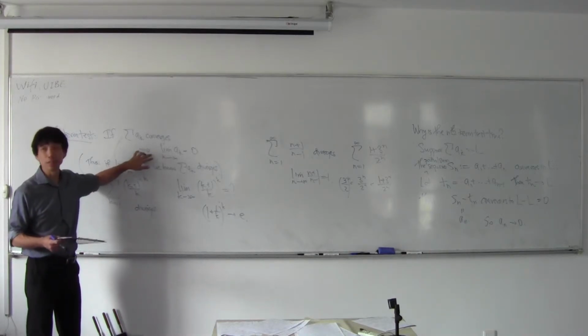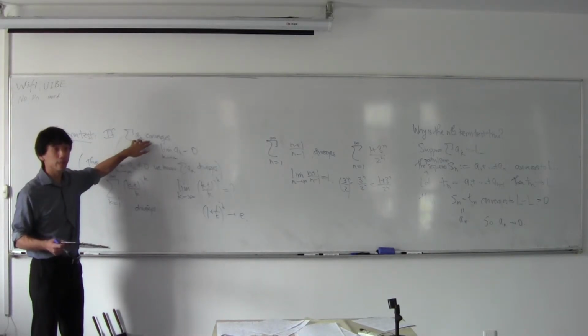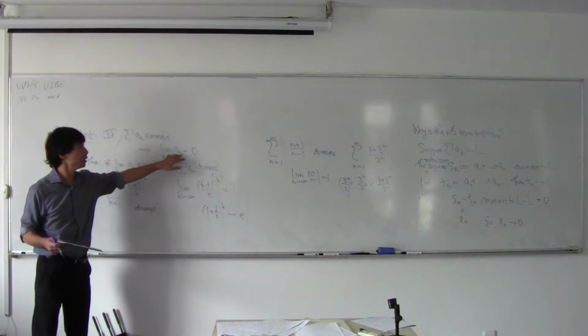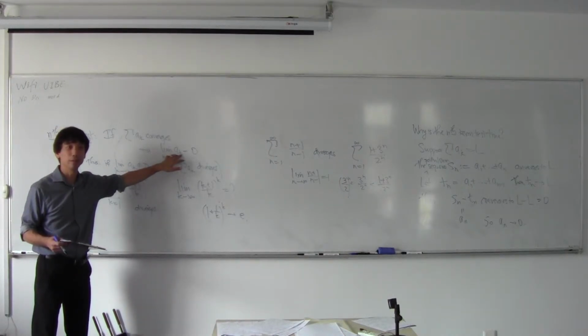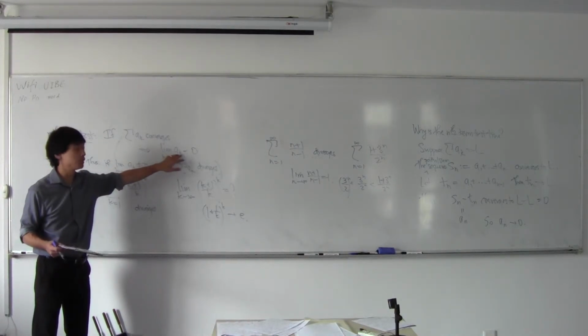So that gives it to you. We see that if your series converges, then the sequence has to go to 0.